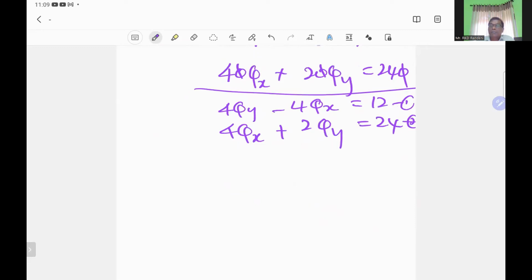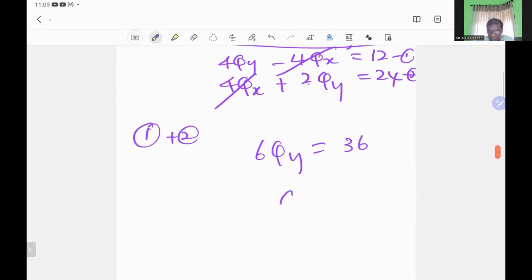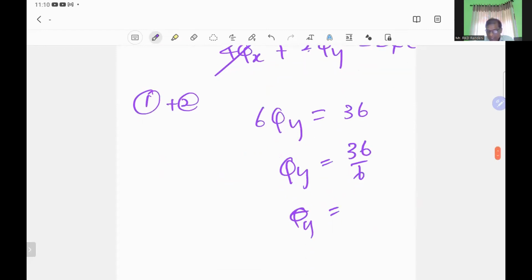That is simple mathematics. This is minus 4qx, this is plus 4qx. Adding these two, you can remove these two. Then from equation 2, that is 6qy equal to, adding these two, 36. Then qy equal 36 divided by 6. Then qy equal 6.